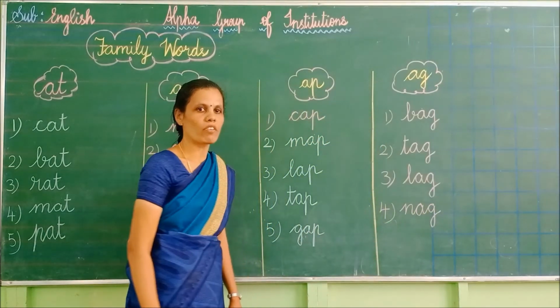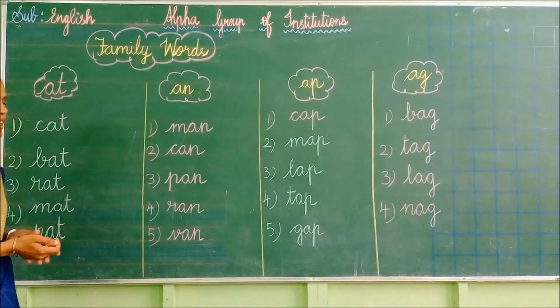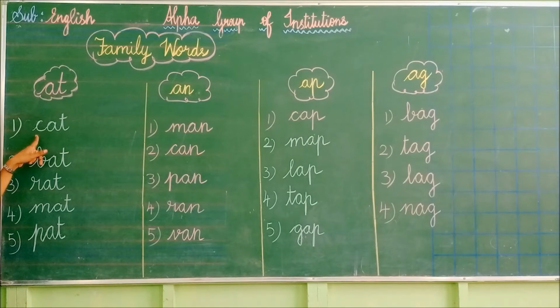Okay, children, now we have completed three letter words. Now we are going to read the words. Cat. Bat. Rat. Mat. Pat.